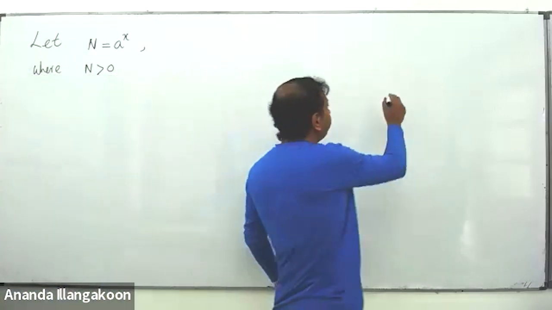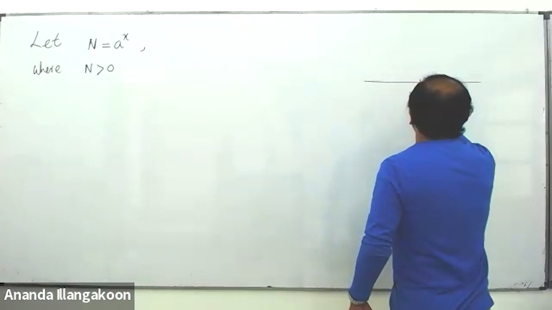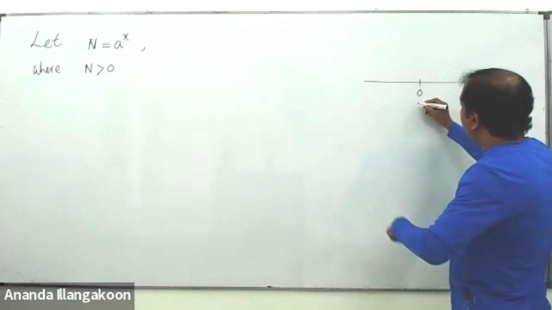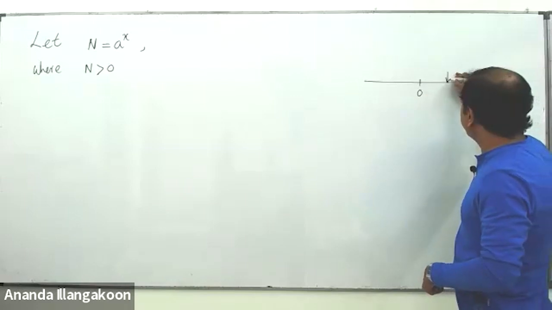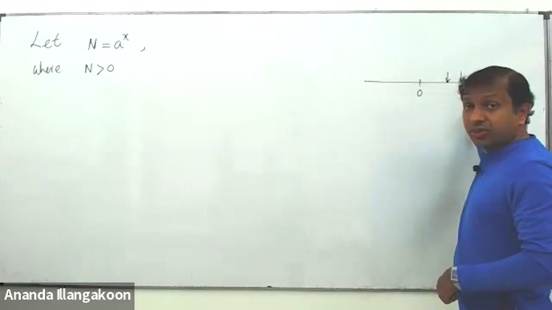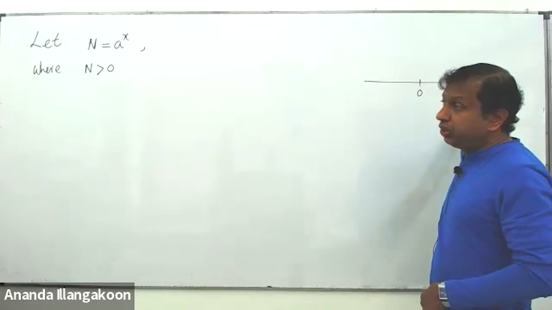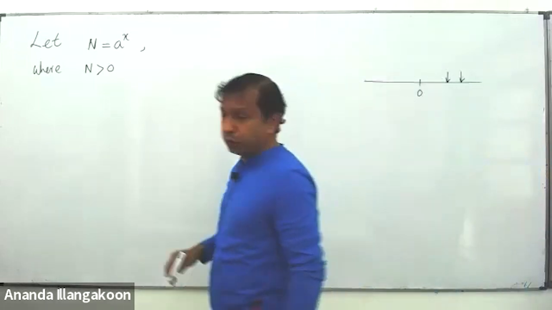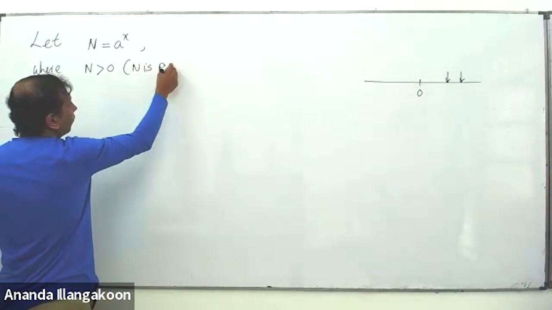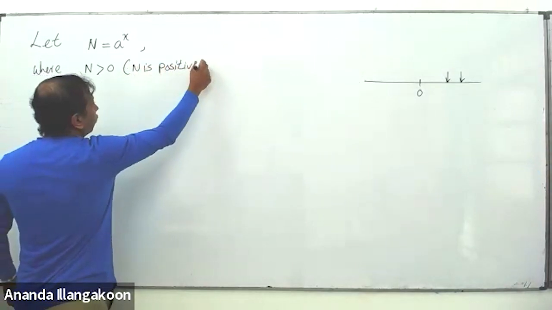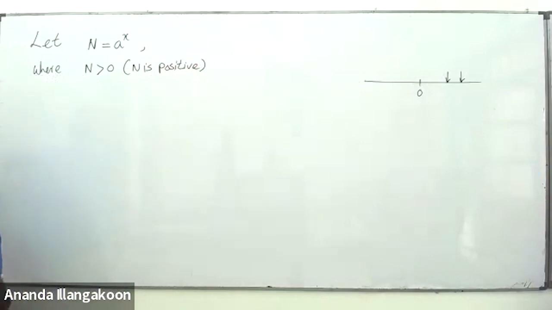On the number line, 0 is here. Greater than 0 means numbers which are greater than this 0. They should be on the right of this 0. All the numbers on the right of 0 are positive. So therefore, N greater than 0 means N is positive.